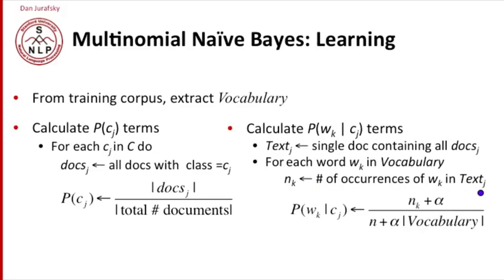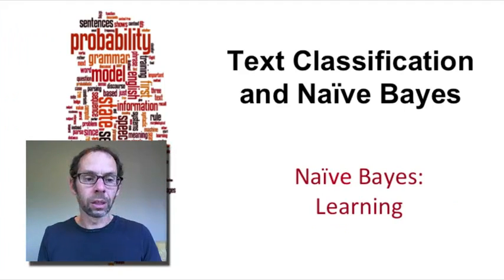And then the likelihood of the word given the class is just the add 1 or add alpha smoothed version of the maximum likelihood estimator. It's the number of times the word occurs divided by the count of all words, with a little add 1 smoothing. And that's our basic algorithm for learning the naive Bayes parameters.